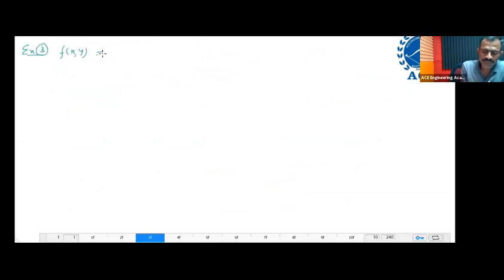F of x comma y equal to log of 4x cube plus x square y divided by y cube plus x y square. Log is a transcendental function.